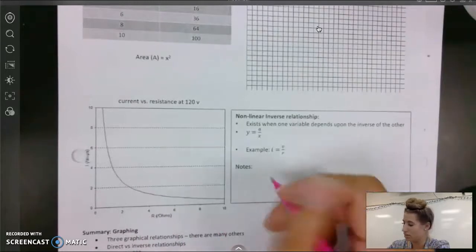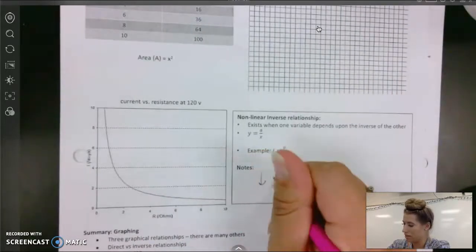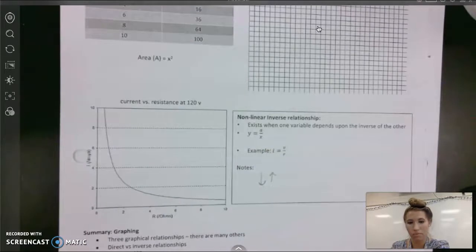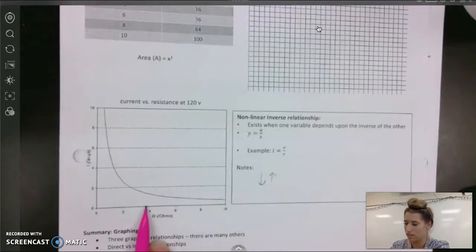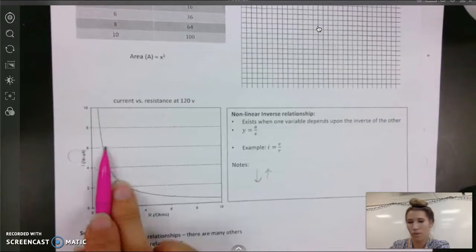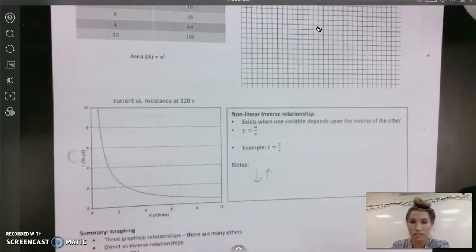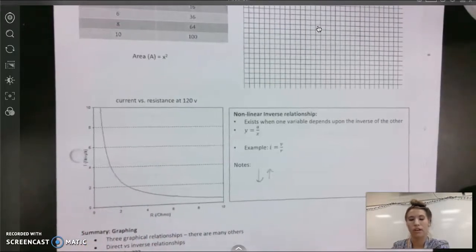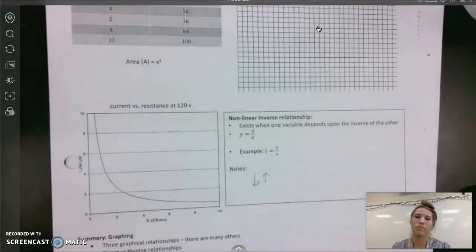Okay, so as one went down, the other one went up. Or if I go this direction, I look at this one, I say, okay, if I want to have less resistance, well, as I go into less resistance, I'm getting more current. And so they're inversely related to one another. They have an inversely proportional relationship.